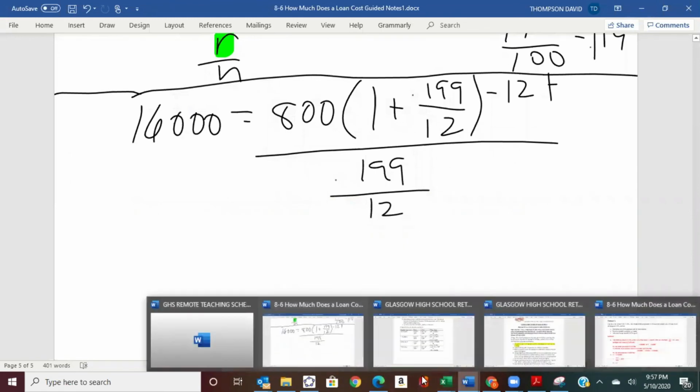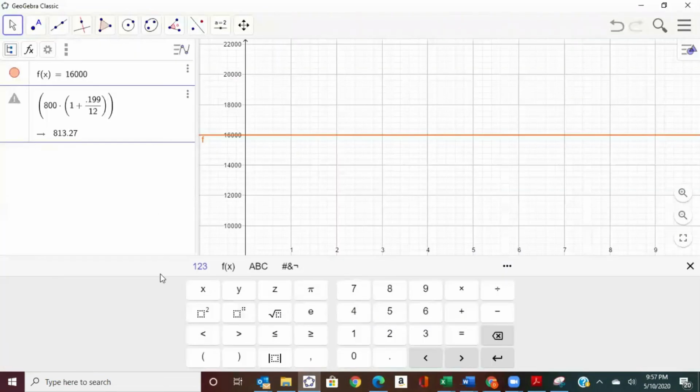Instead of t, we're going to put x. Negative 12x, all that divided by 0.199 divide 12.